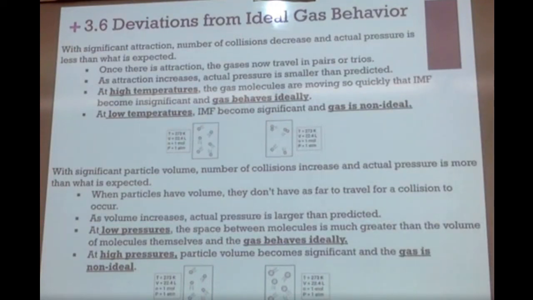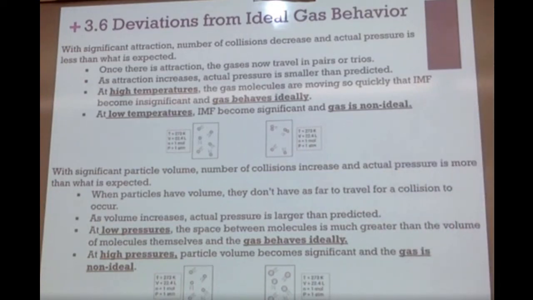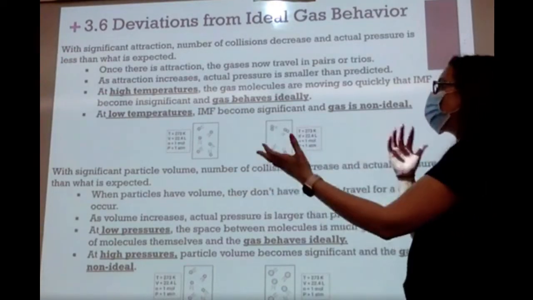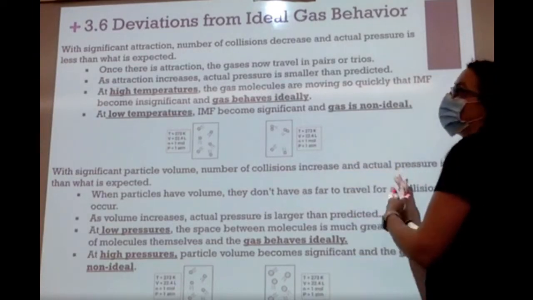Ideal gases are the perfect gases. They follow the kinetic molecular theory perfectly. Gases don't actually behave like ideal gases. And so we need to know the conditions when gases behave ideally, and we can use PV equals nRT for calculations, or when they're behaving more like real gases.